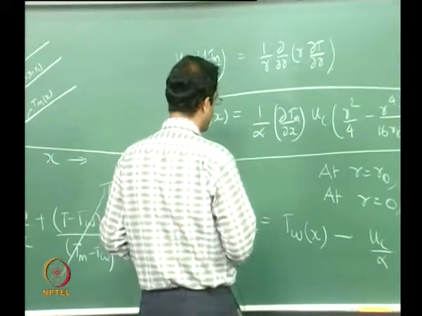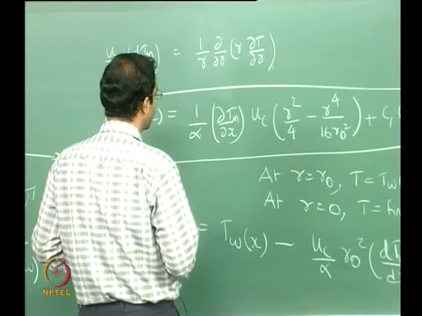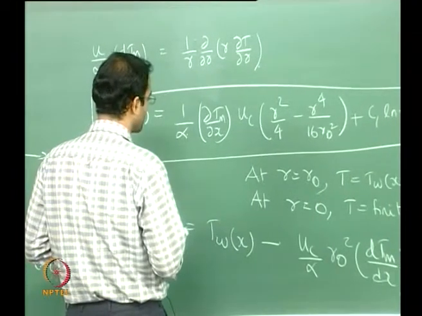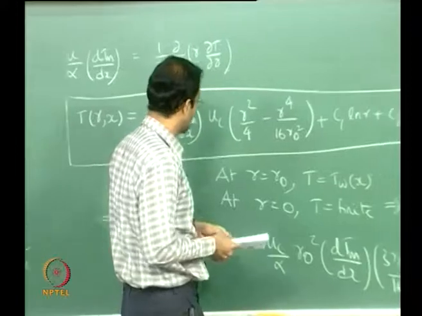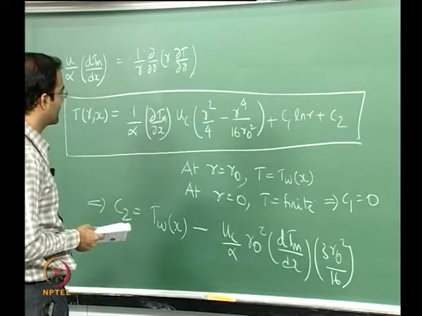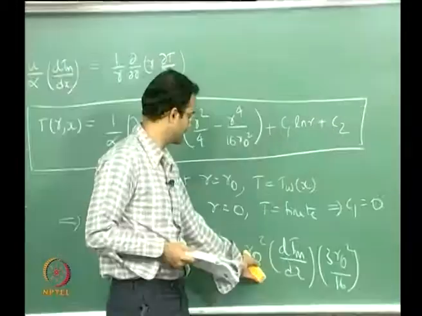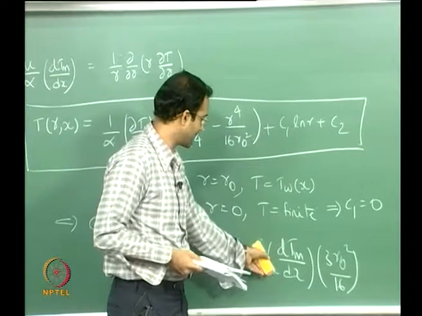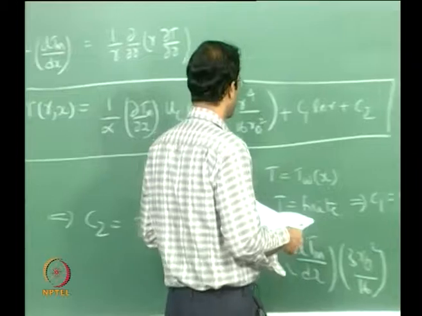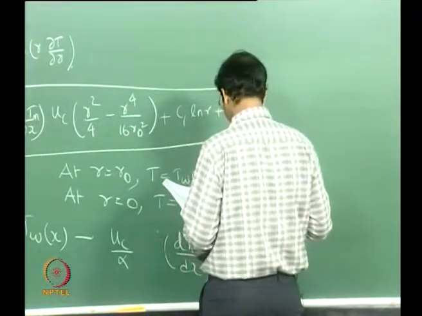This is T wall minus uc by alpha, r naught square... I think this r naught square should not come here, right? So it is just 3 r naught square by 16. Okay, so this is your C2, and therefore you can substitute for C1 and C2 and write your final expression.